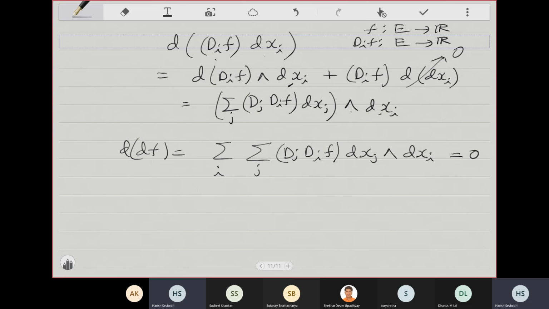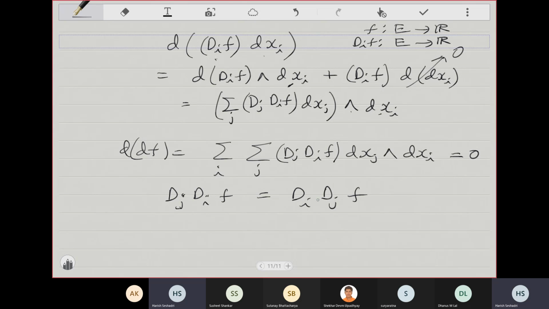And why is that? Well, just look at how things pair up. The crucial points are the following: D_j D_i f is equal, by equality of the mixed partials. Ultimately, this is the heart of the matter.